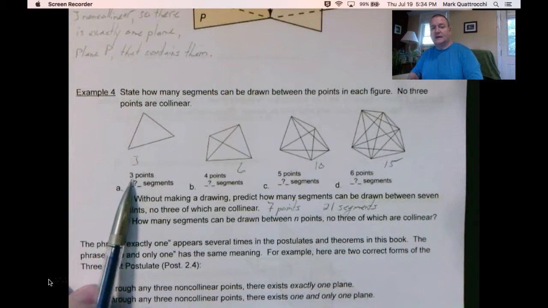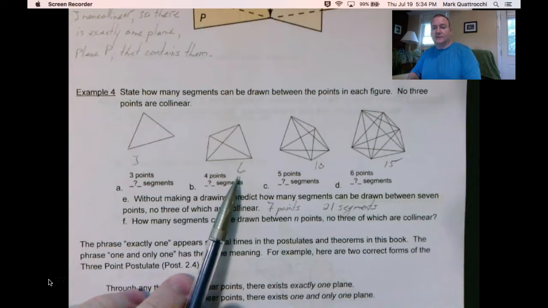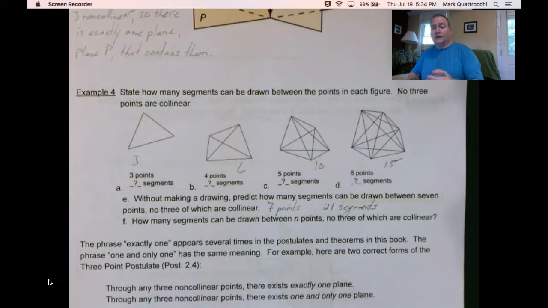So it can't be just n equals the number of segments, because yes, that works here for 3 and 3, but it doesn't work for 4 and 6. N is 4, but the number of segments is not 4. The number of segments is 6. So we need to find a different relationship.